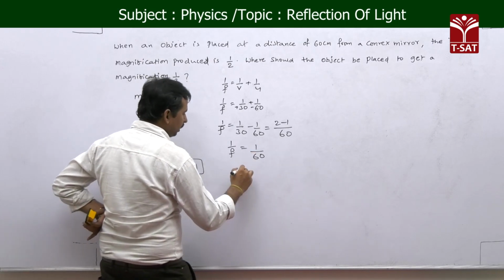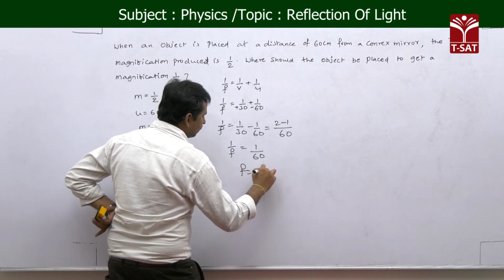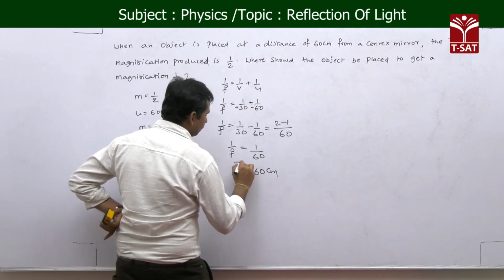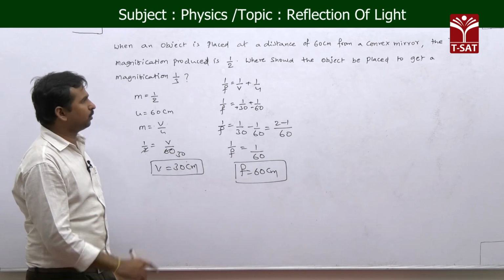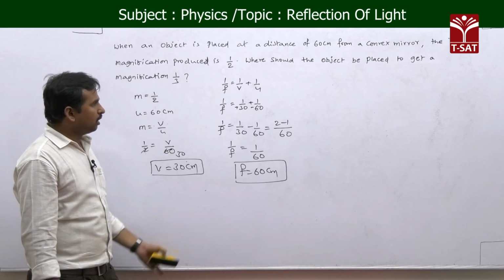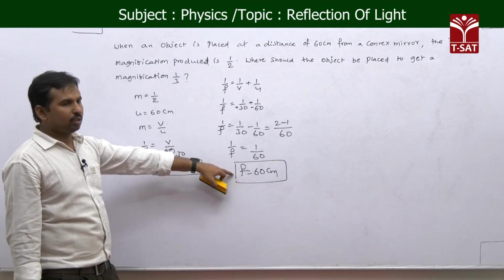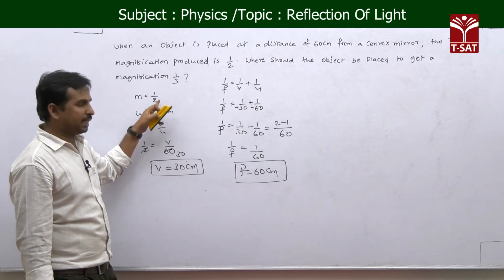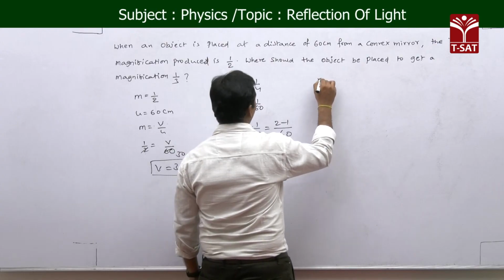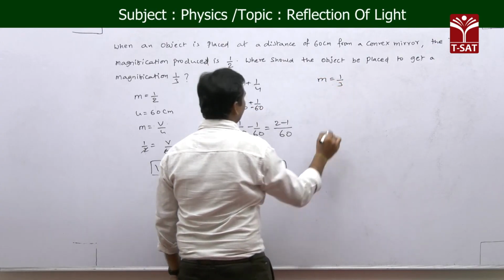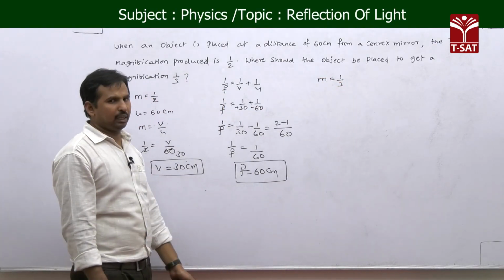Finally we got the focal length as 60 centimeters. This is the focal length of the convex mirror given there. But now the question is, if you want to get the magnification instead of 1 by 2, more diminished, m is equal to 1 by 3, then where the object has to be placed?